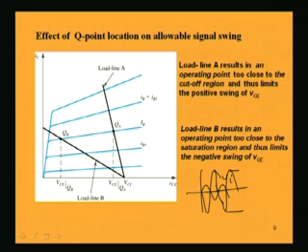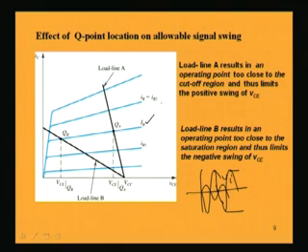This load line and this load line, load line A and load line B, have different slopes, because the slope is determined by the resistance in the collector, RC. So, if I change the RC value, I have a change in the slope of the load line, and changing the slope will have an effect on the Q point.